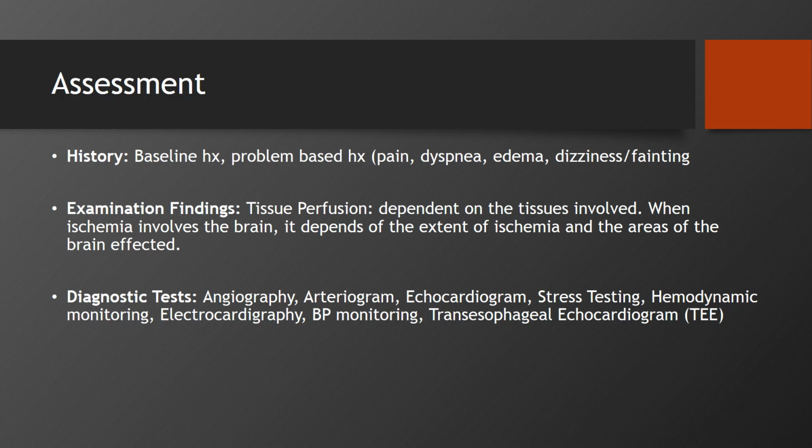Have you had problems with mentation, just being able to stay awake all the time? Are you having issues with almost fainting? Things like that could give you a hint that there might be an issue with perfusion to the brain. So just obtaining a baseline history, jumping into questions about their family's past and gathering your data.